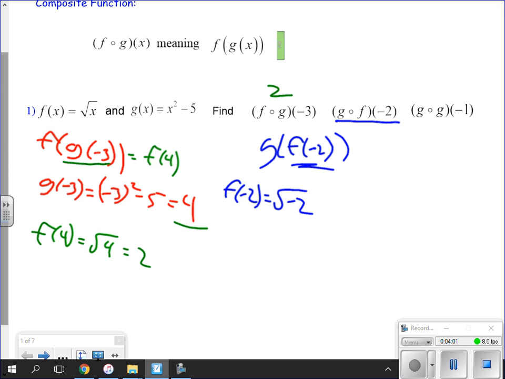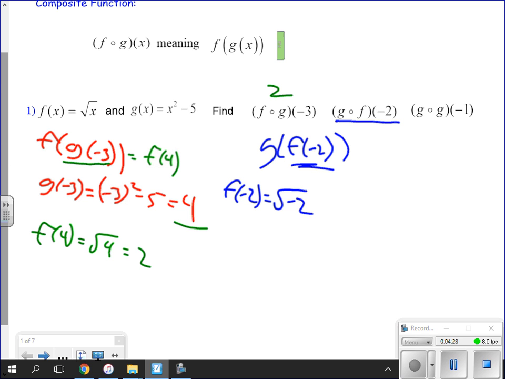We are dealing with functions, which means we are dealing in the realm of real numbers. So what is the square root of negative 2? Does not exist. Because we're dealing with the realm of real numbers, i is not in the realm of real numbers. The square roots of negatives can't happen in the realm of real numbers.